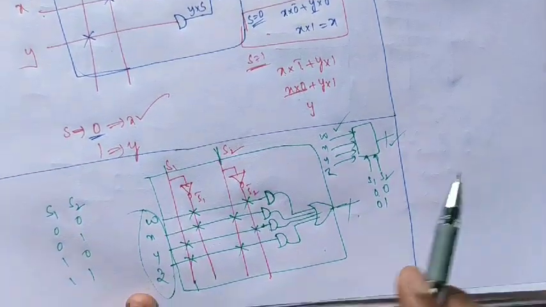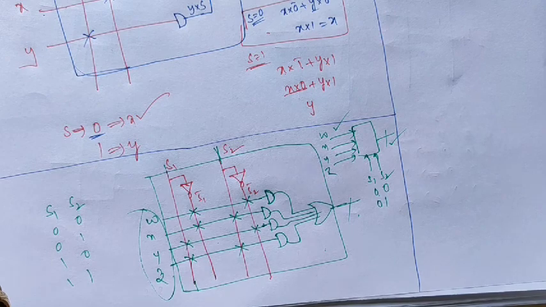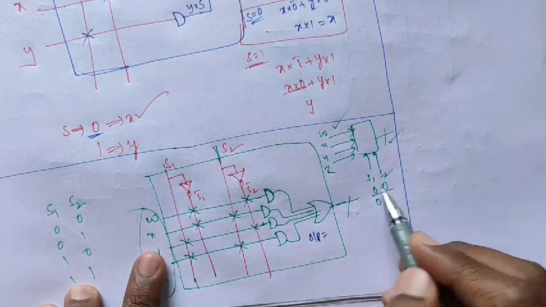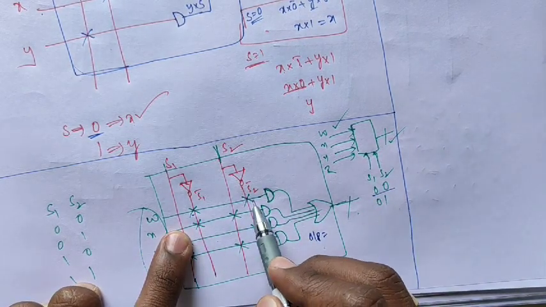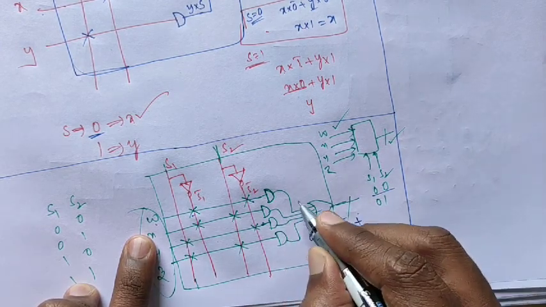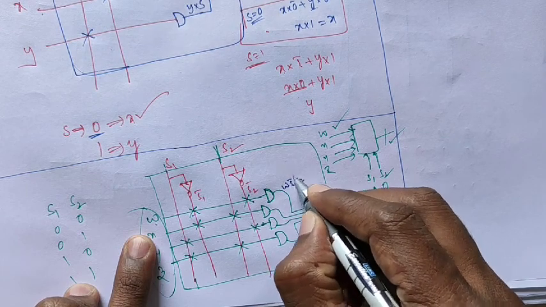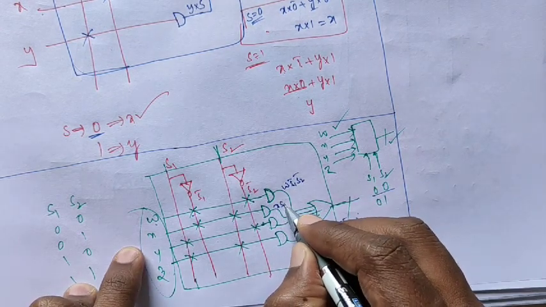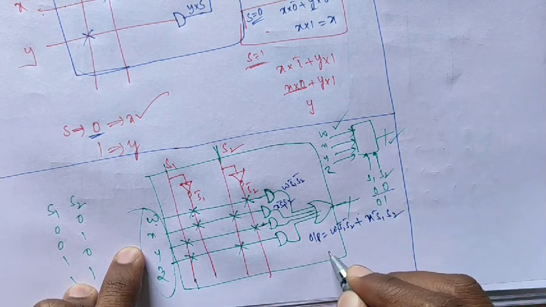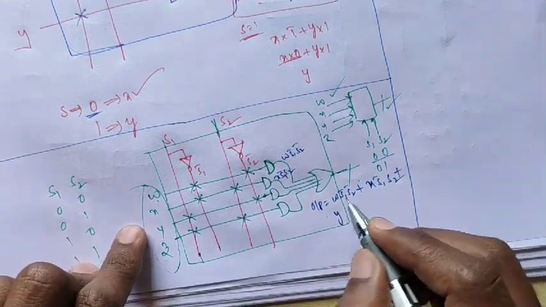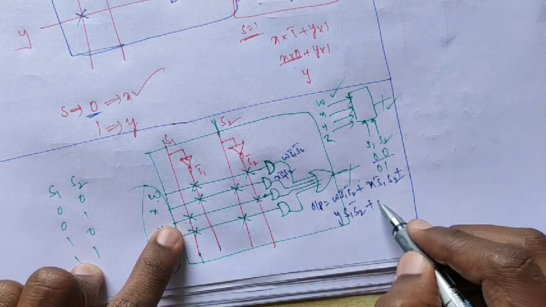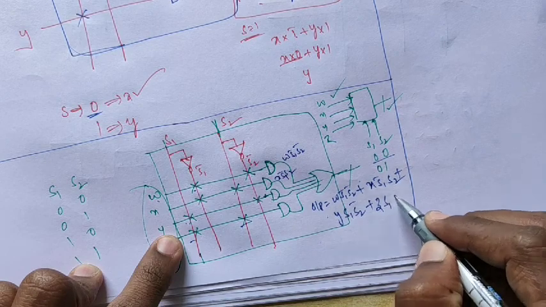Here the expression of the 4 by 1 multiplexer is, the output is equal to W into S1 bar S2 bar, plus X into S1 bar S2, plus Y into S1 S2 bar, that is 1 0, plus Z into S1 S2.